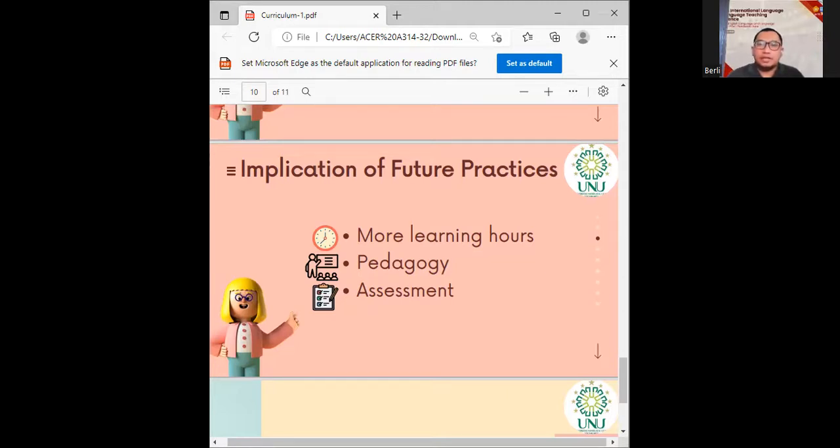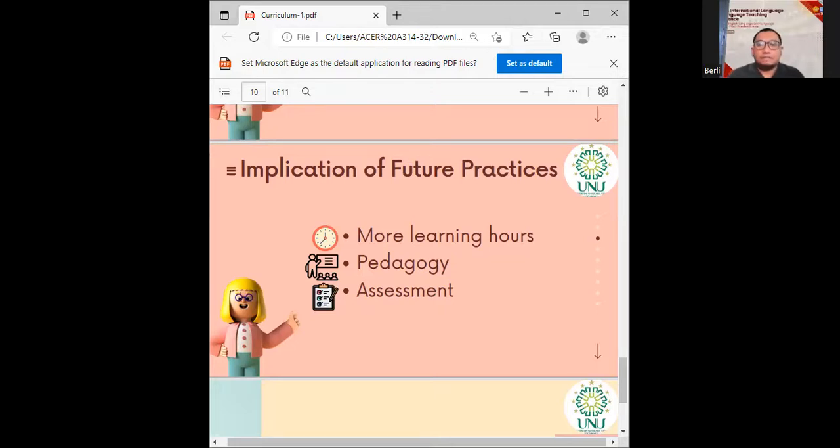But besides that, pedagogy is equally important, in which teachers need to be independent and at the same time develop their own learning strategies. And then the last one is assessments.